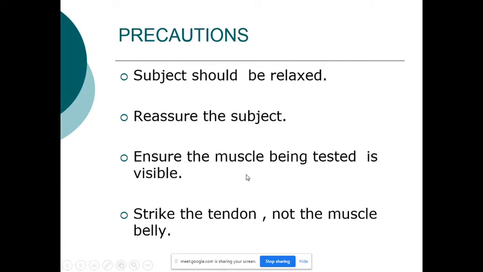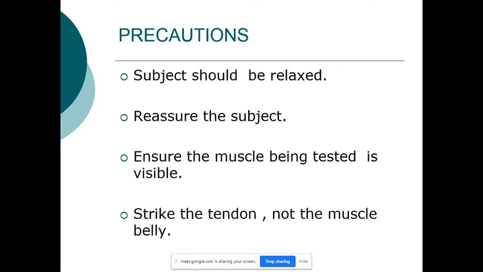Now let's say you are trying to do a biceps jerk. I'll be showing how to do it. Whenever you are doing a biceps jerk, you have to make sure that the biceps muscle is visible, because when you elicit this response, you will see the biceps muscle contract, a very slight contraction you are going to notice.